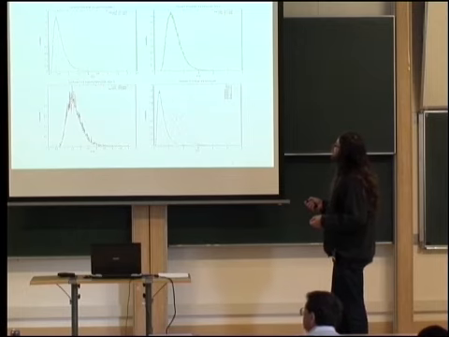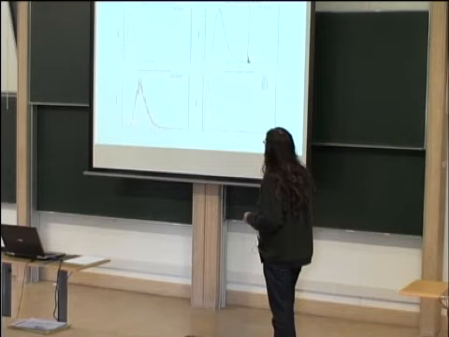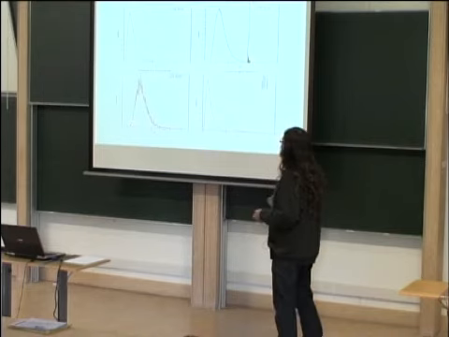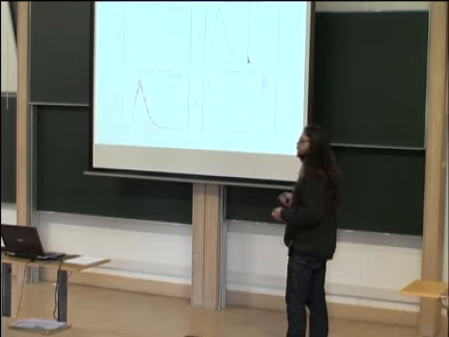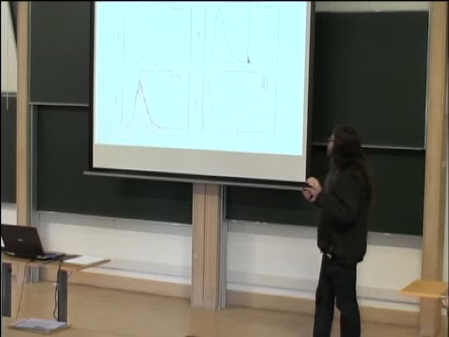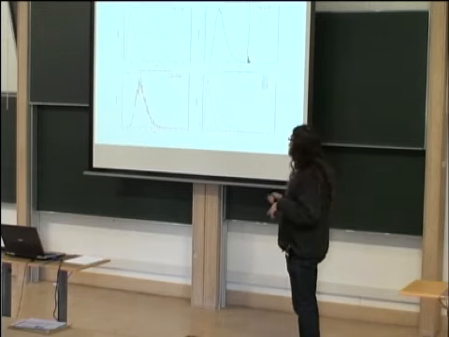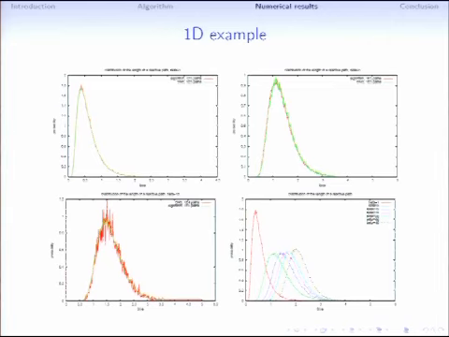For small beta, they are the same. And for large beta, of course, direct computation is much more noisy, because we only have a very small proportion of the sample which actually gets to B. So we have to compute a histogram with very few points, and it's much more noisy.